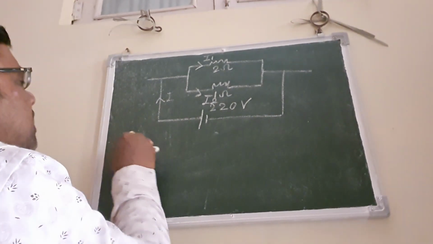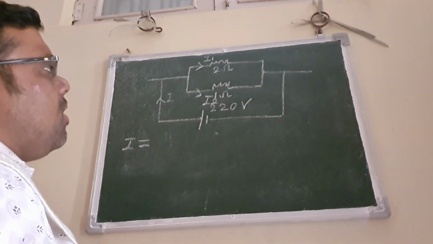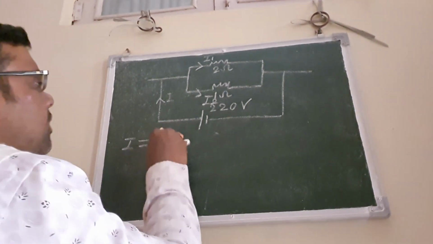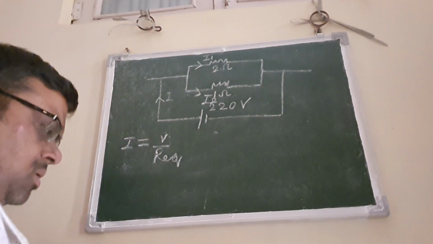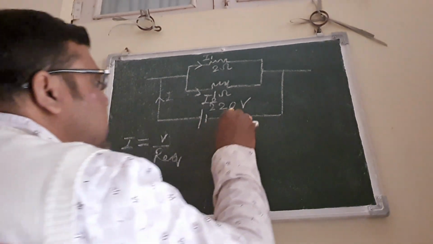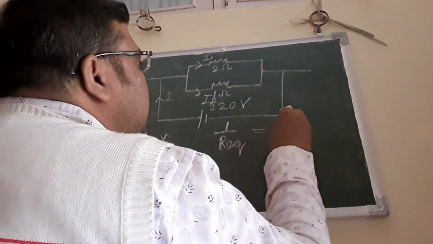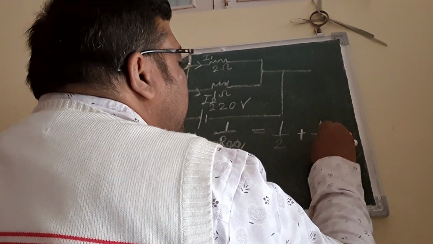So I is the current that is flowing. According to Ohm's law, it will be equal to V upon the equivalent resistance. The resistances are connected in parallel, so 1 upon R equals 1 upon 2 plus 1 upon 1.